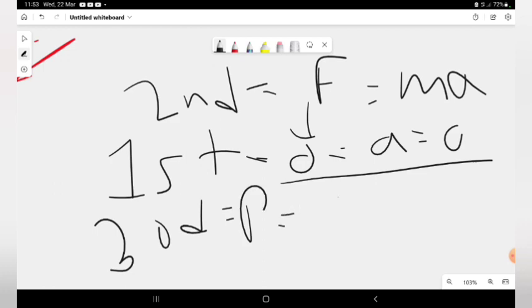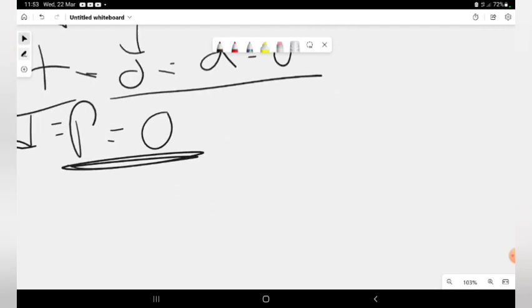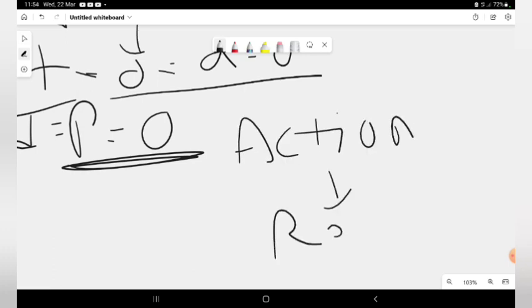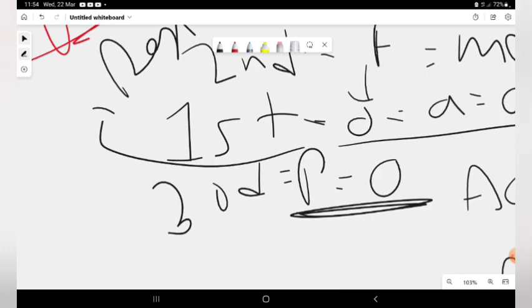The momentum is 0. Why should the momentum be 0? Because it was at rest. So the momentum को हमेशा 0 रहना है, and that is why for every action there is going to be a reaction. So this is the first, second and third law of Newton.